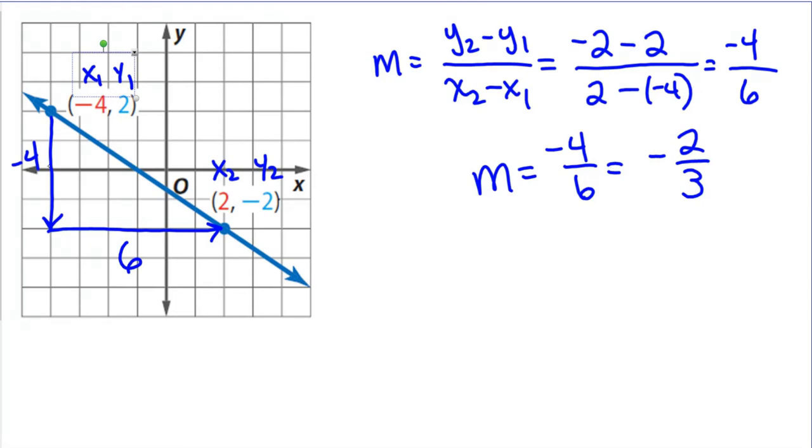Or I could go down 2/3. Same thing, they're equivalent. So a slope of -4/6 is the same thing as a slope of -2/3. It's the same rate of change.